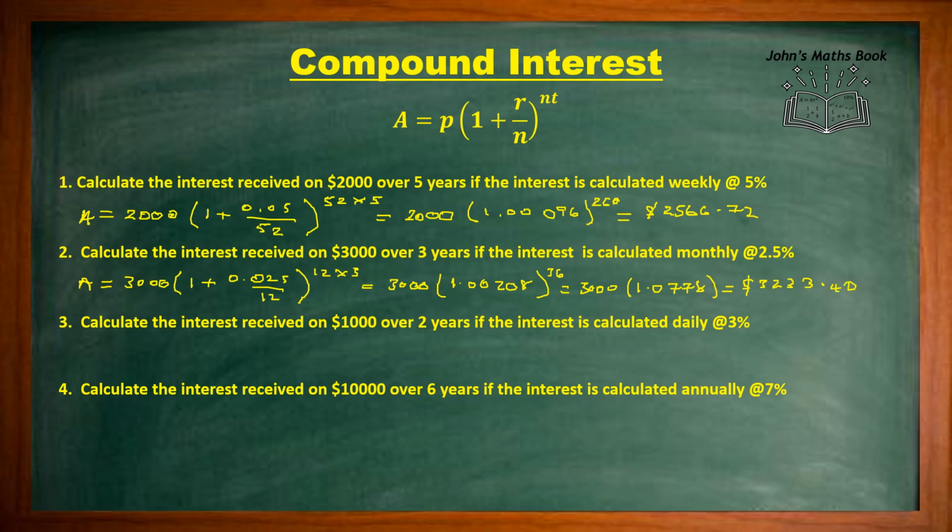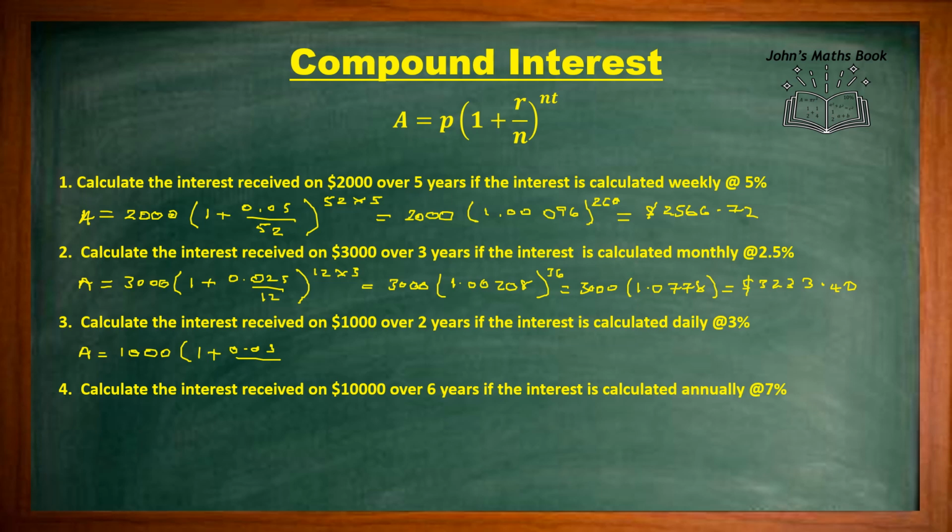So for exercise 3, calculate the interest received on $1,000 over 2 years if the interest is calculated this time daily at 3%. So A is equal to the principal, 1,000, multiplied by 1 plus the rate of interest, which is 3%, so as a decimal 0.03.